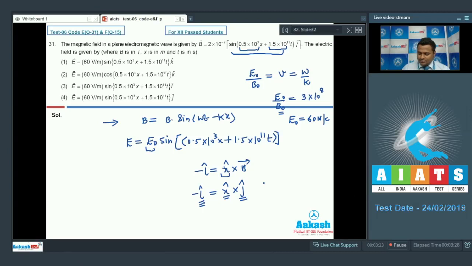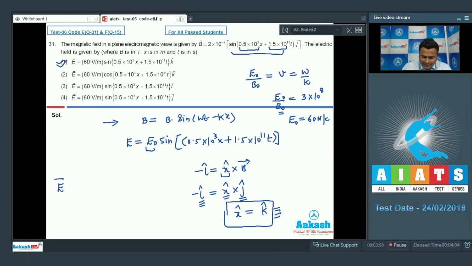So after thinking, j cross k gives plus i. Once again, j cross k gives plus i. Then k cross j gives minus i. So here we can write x cap equals k cap. It means the electric field is oscillating along k cap. So the answer will be option number 1.